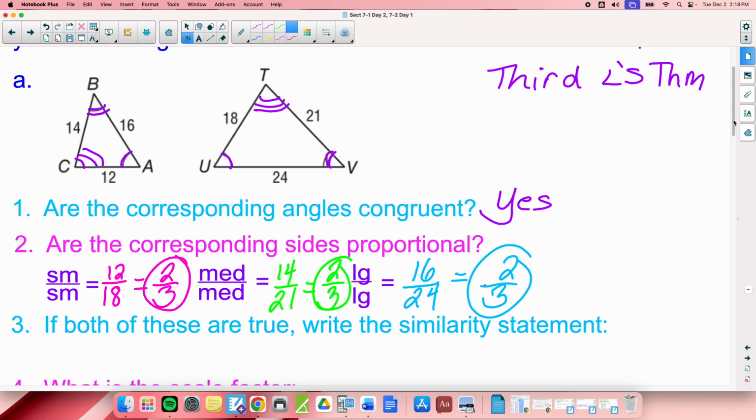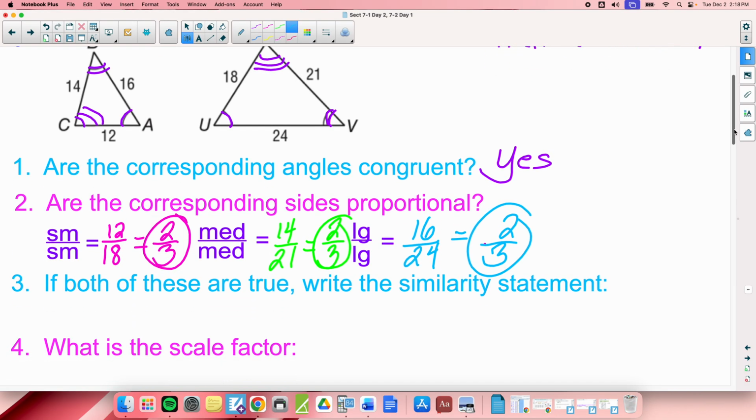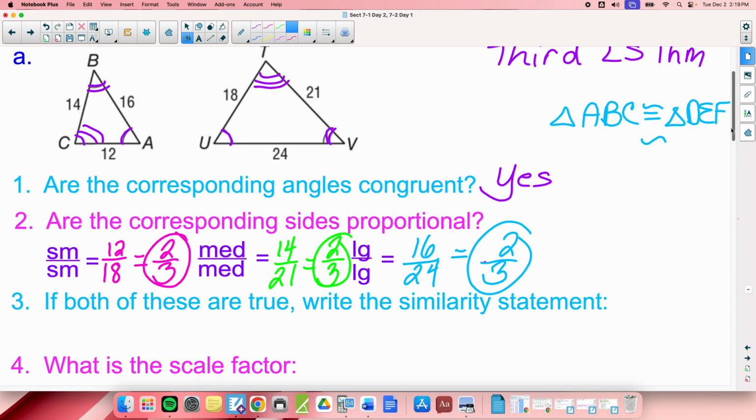But we're gonna keep going, and they want us to write a similarity statement. It's just like when we had chapter 4 and we wrote something like this, okay? Except this time the symbol is like that instead of congruent, okay? So let's go. Here's what I would do on this.